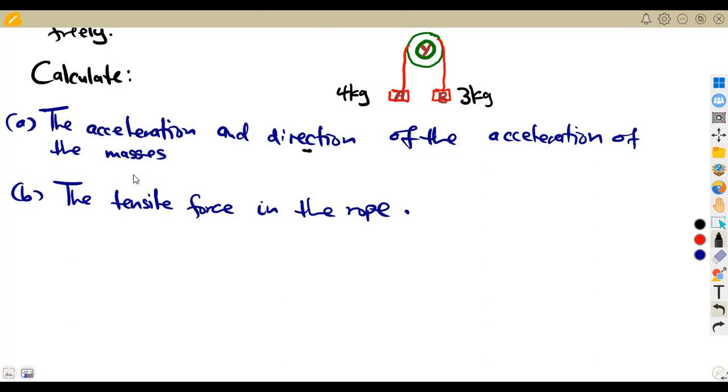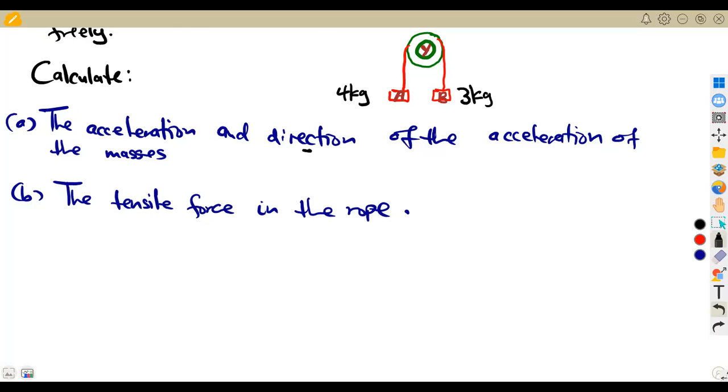In this case, we need the acceleration, and we are not even given the tensile force. If we were given the tensile force, we would use it in the formula.